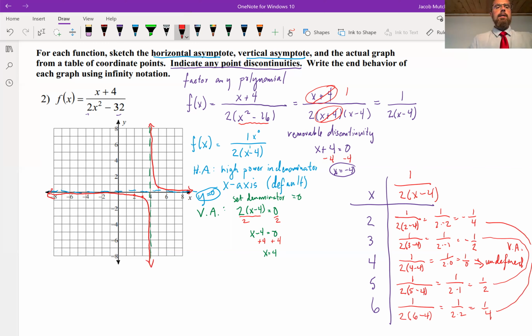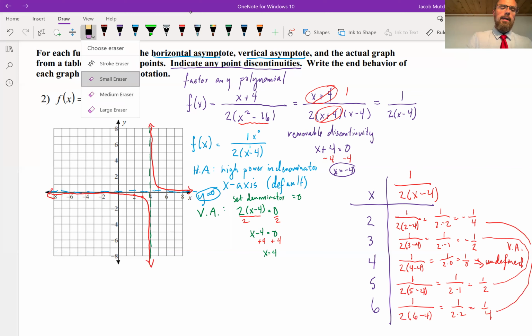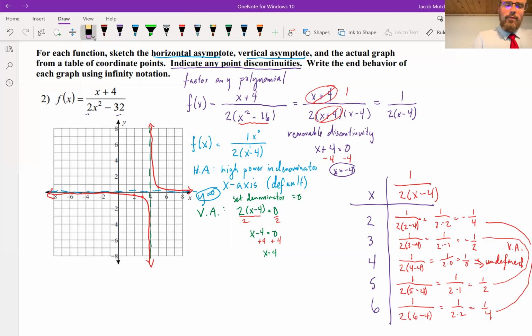The last thing is really to apply what we did at the very beginning. So at the very beginning, recall we had found a removable discontinuity at x equals -4. So the way to show that is to erase a small gap there and put an open point at that x value. That is much exaggerated.